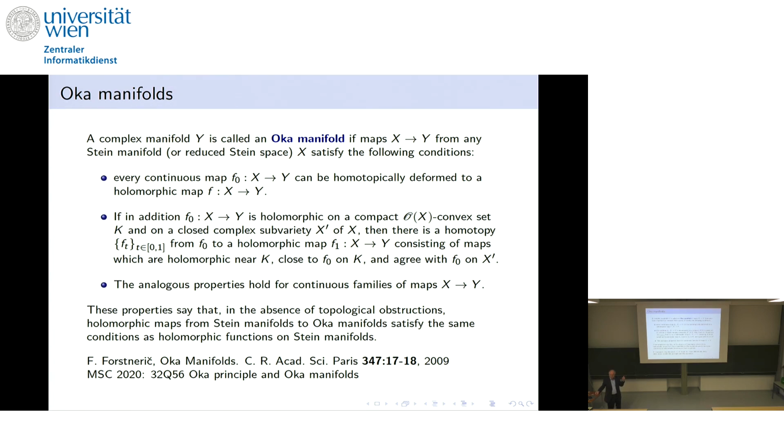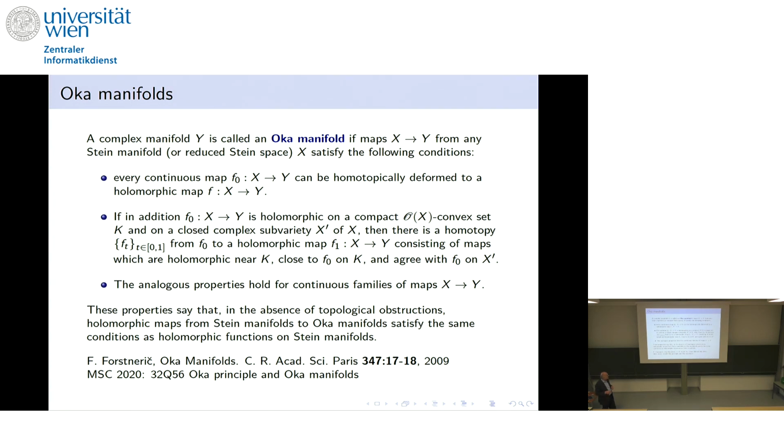This means every point in the image is hit by at least one point where the map is submersive. So in some sense, Oka manifolds are dominated strongly by Euclidean spaces. But that's not all. Also, you notice right away that they cannot admit any bounded plurisuperharmonic functions. So they are Liouville manifolds and so on and so on.